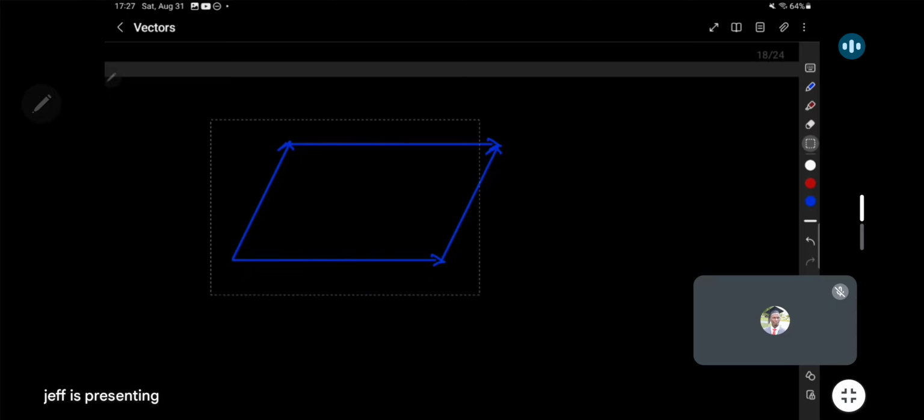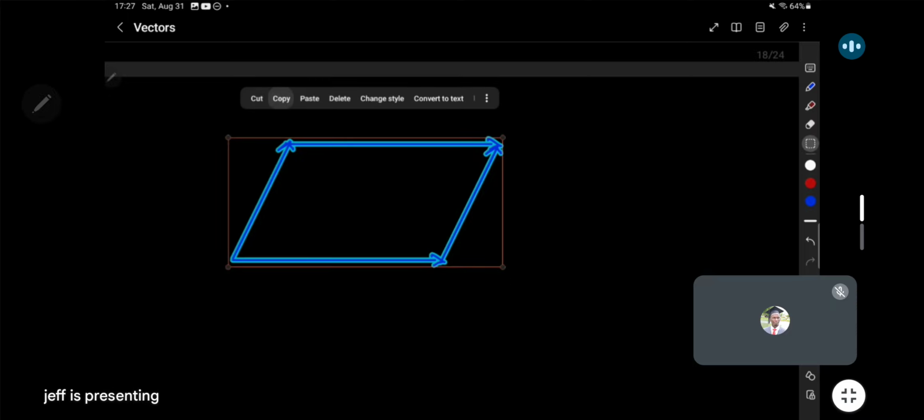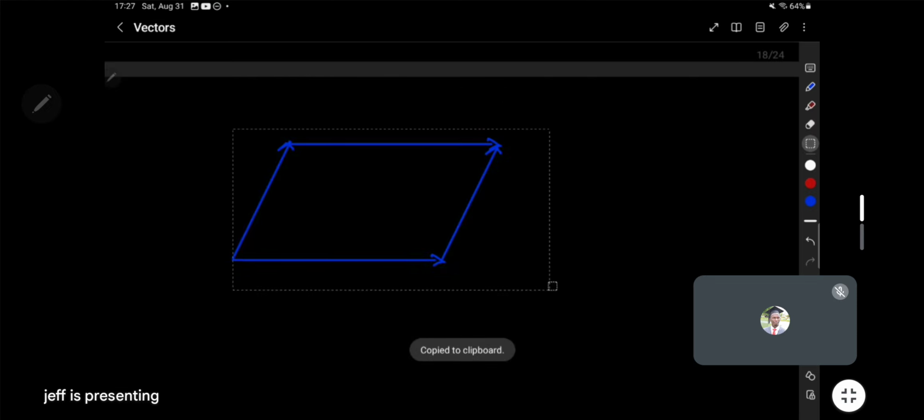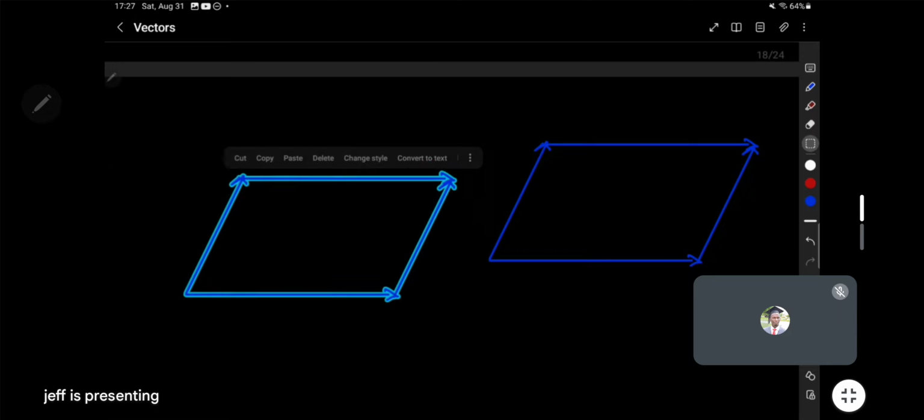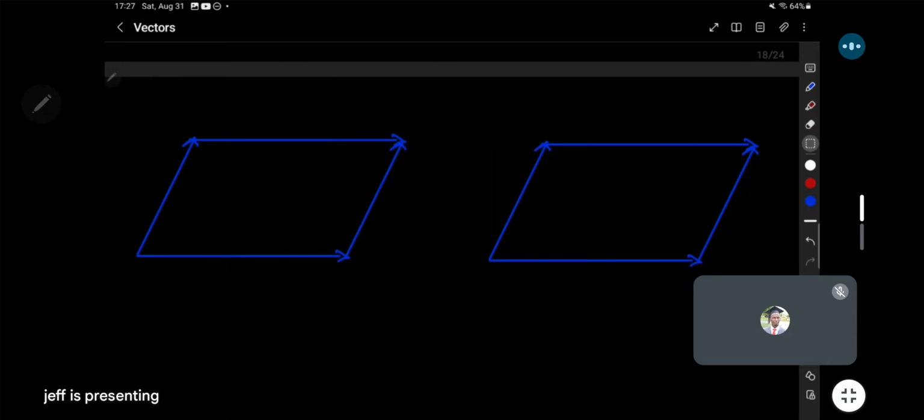But if we wanted a triangle from this one, how would a triangle look? If this is to be a triangle, notice that it would just end somewhere here. My point is, even a triangle can be seen to be a piece of a parallelogram.